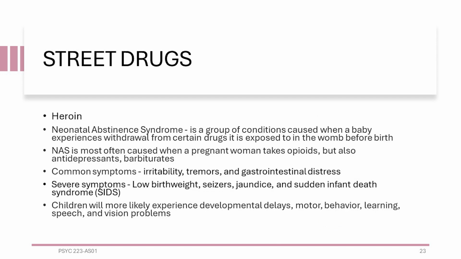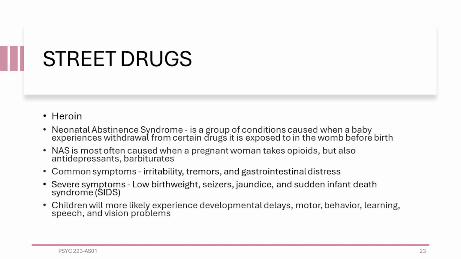Let's move to the illegal drugs. Heroin is a morphine opioid used medically to relieve pain and illegally as a recreational drug for the euphoria it induces. Heroin is usually injected in a vein, but can also be smoked and inhaled.